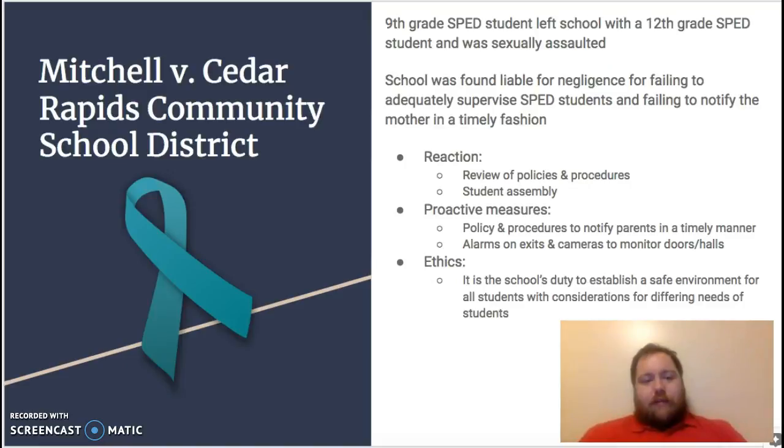The third case is Mitchell versus Cedar Rapids Community School District. In this case, there was a ninth grade special education student who had a very low IQ, had an IEP, and had built a kind of relationship with a 19-year-old 12th grade special education student. One day they left school. They decided to skip fifth and sixth period and go hang out.